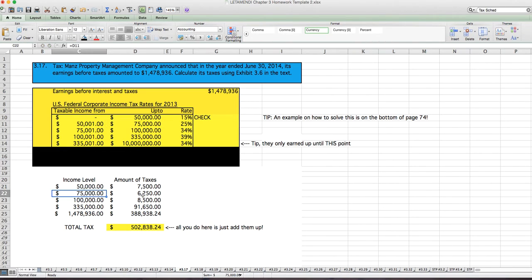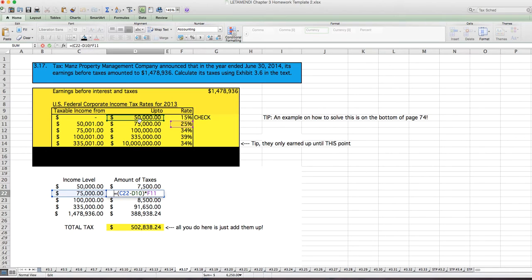So basically, the next level is 75,000. So now you're not gonna get taxed on the first 50,000 again, right? You're only being taxed on the difference between what the level ended at and what the new level is. So basically, what you do in order to determine the amount of the taxes is you take the 75,000, which is the higher range of this here, and then you subtract the prior, right?